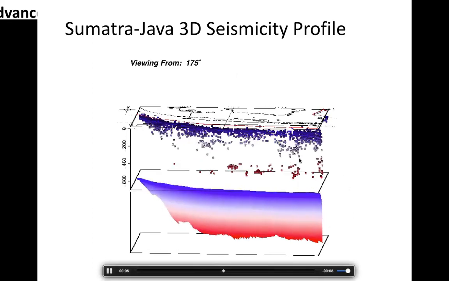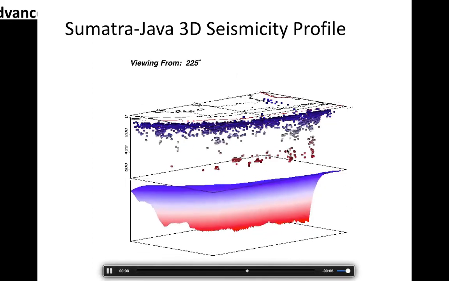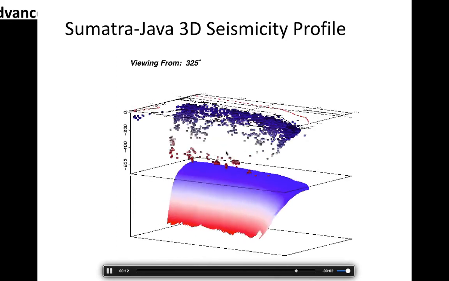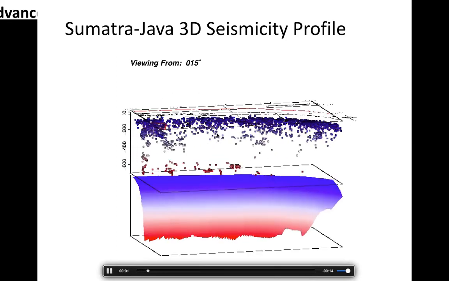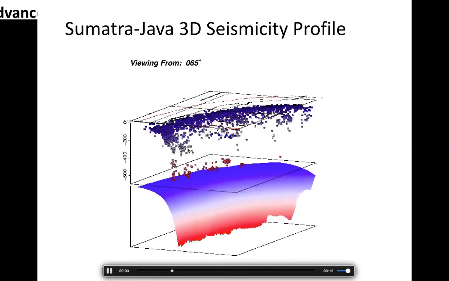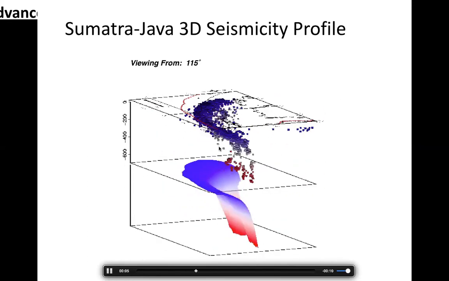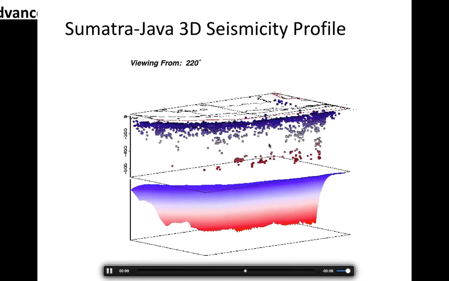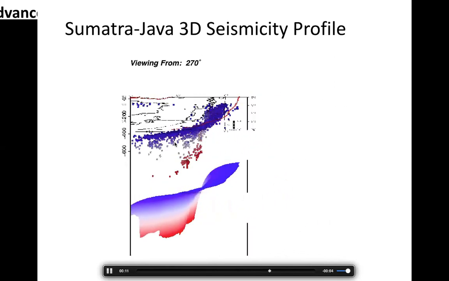It's just striking how many aseismic sections are present. So the seismic hole beneath East Java has tomography evidence to back it up, whereas over here it's not nearly as clear.